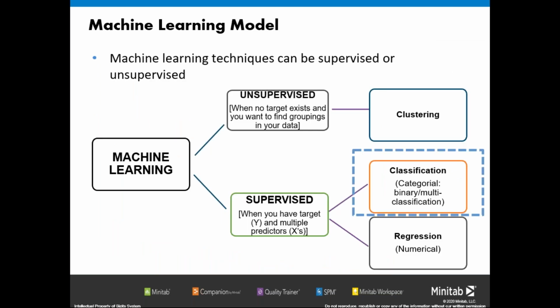In machine learning models, we have two types, which we call unsupervised and supervised. But for today, we just focus on the supervised, with classification. But what is unsupervised? Unsupervised is basically a technique that doesn't have any outcome, which means we don't have any target, and we want to just group our data set.